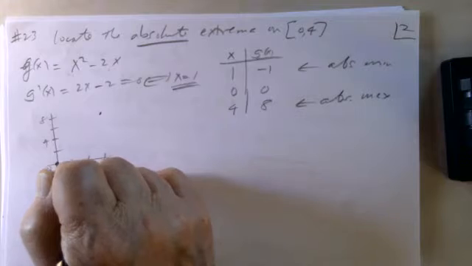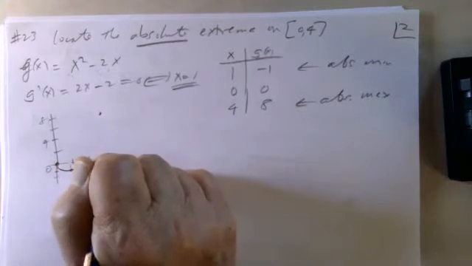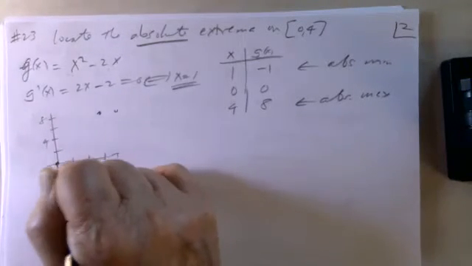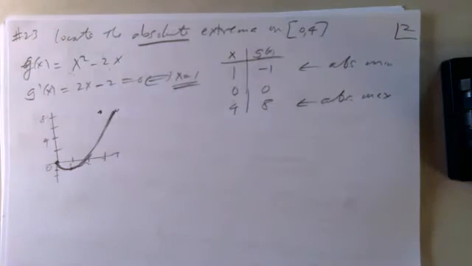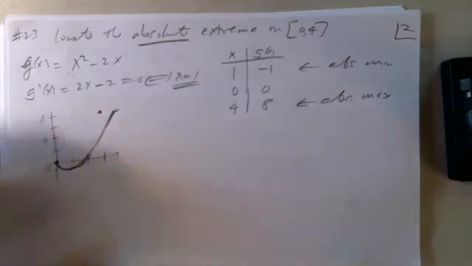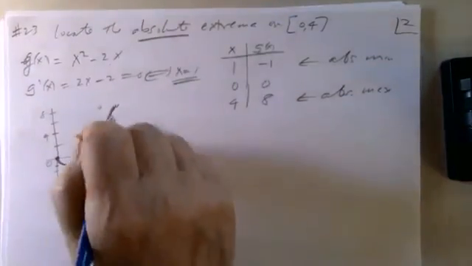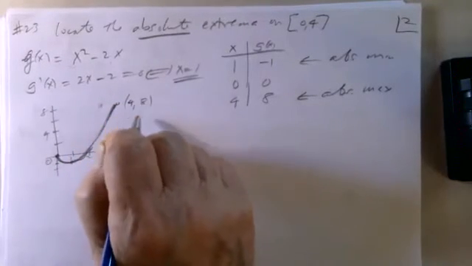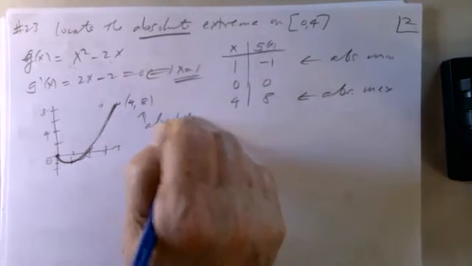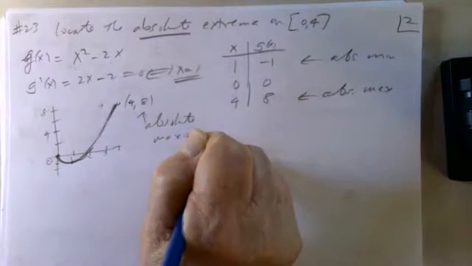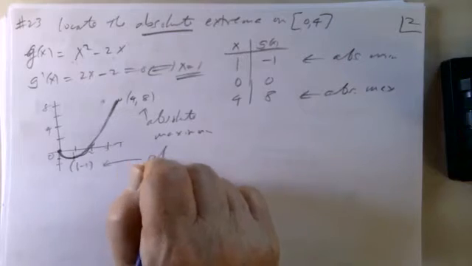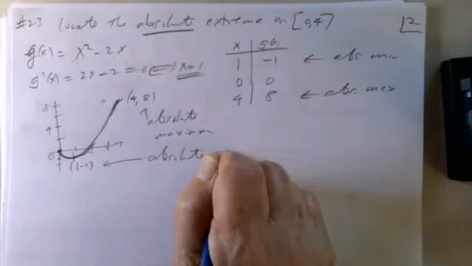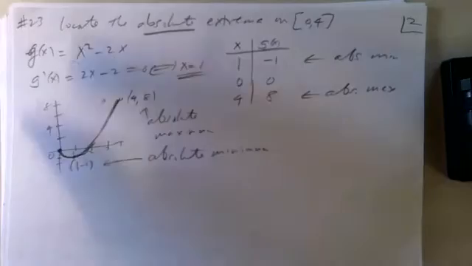Graph of this function looks like that. So this point, 4, 8, that's the absolute maximum. And this point, 1, minus 1, is the absolute minimum on this interval.